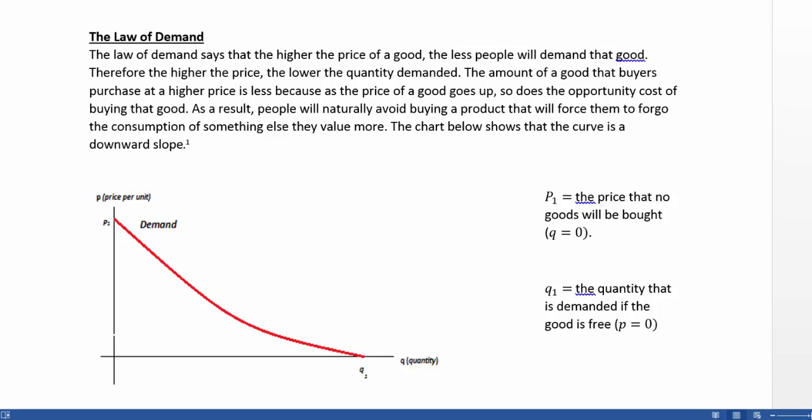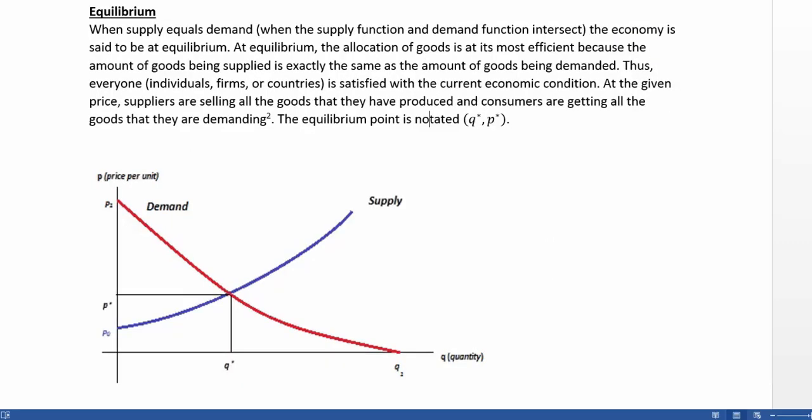So now we have to look at how the law of supply and the law of demand interact. So in our economy, supply and demand are happening at the same time. Manufacturers are trying to decide how many items to make, and consumers are deciding how many to buy.